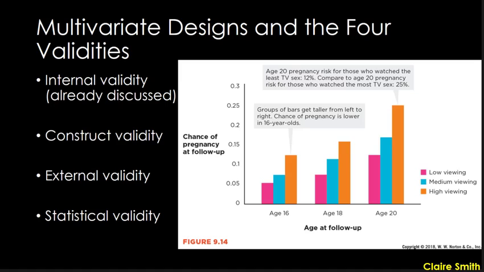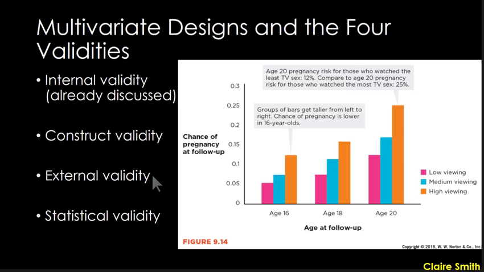Construct validity: making sure your measures are reliable and valid. You should review previous chapters if you don't remember what construct validity is. External validity: you need to make sure that your results can generalize to the population, and also to different contexts and situations. You want to see if your sample was a random sample, or if it was biased in any way.